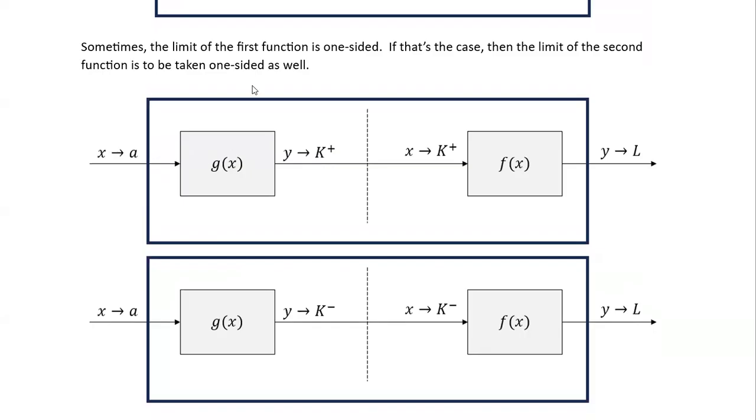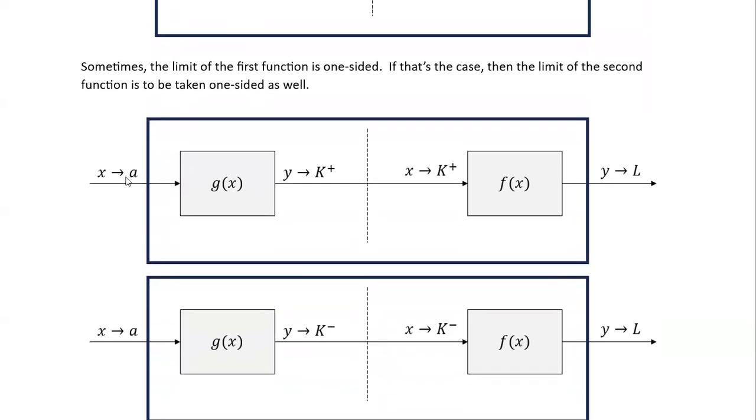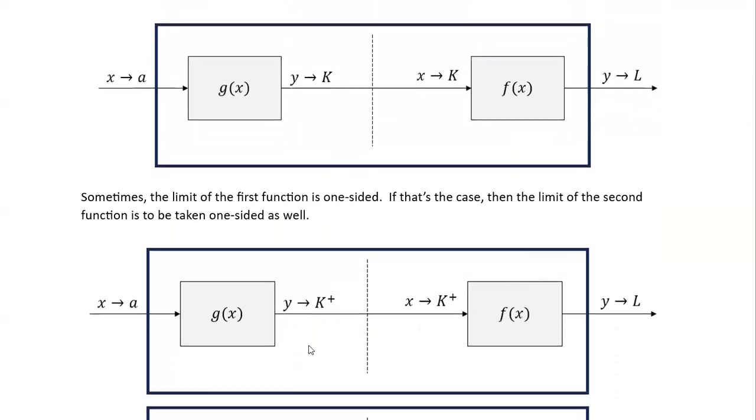But let's go back again to this understanding that if x approaches a for g of x, it approaches only from one side. We have to pass that one-sided limit as the quote-unquote input to the next function f. Up here was two-sided, but over here is one-sided.